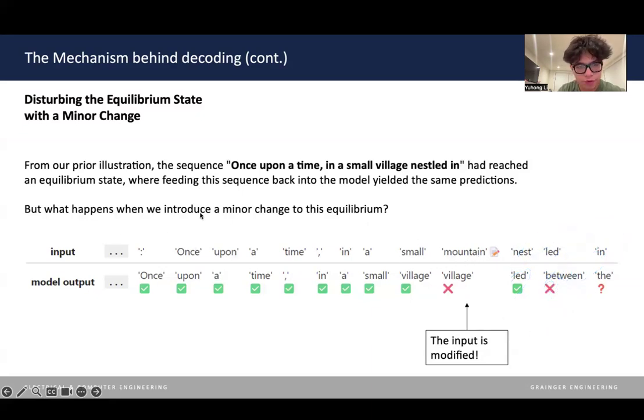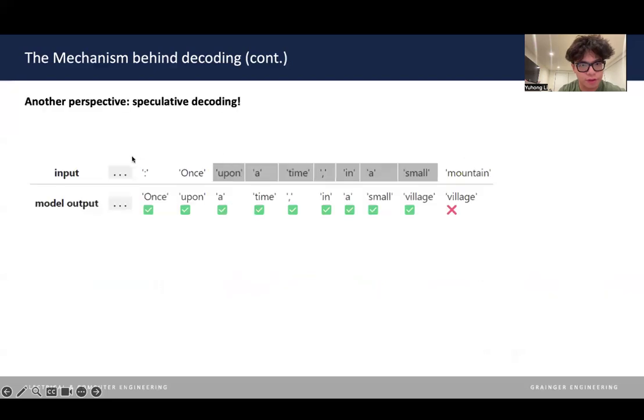So what can we do here? If we interpret it from another perspective, we can see something very interesting. Suppose we have a very strong small model, which we call an SLM. It generates these tokens faster, like 10 times faster than a large language model.